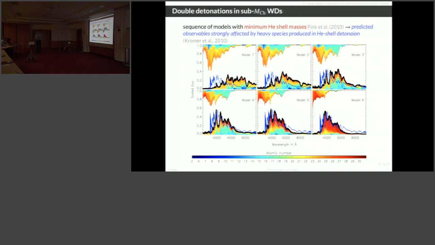So that means that the outer part of the ejecta will be dominated by the products of the helium explosion. And helium, again, produces very easily heavy species. So we have quite a bit of elements like chromium and titanium in the outer parts of the ejecta. And what they do is actually they shift by fluorescence the flux into the red. And this is clearly seen here.